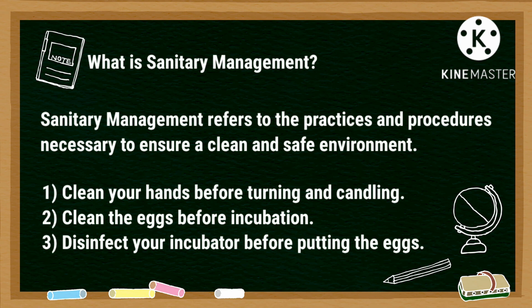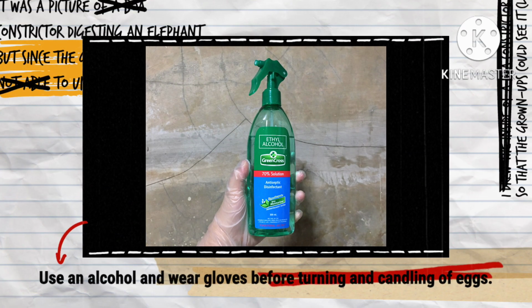What is sanitary management? It refers to the practices and procedures necessary to ensure a clean and safe environment. First, use an alcohol and wear gloves before turning and candling of eggs.